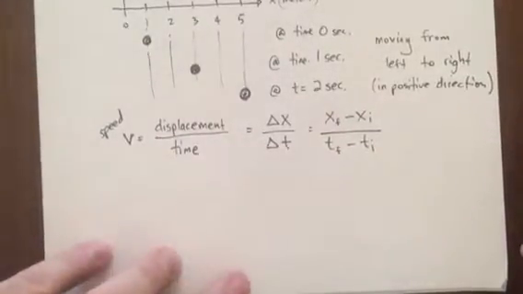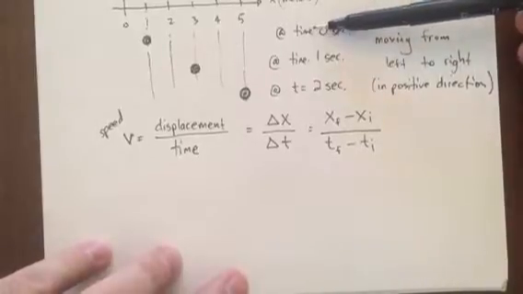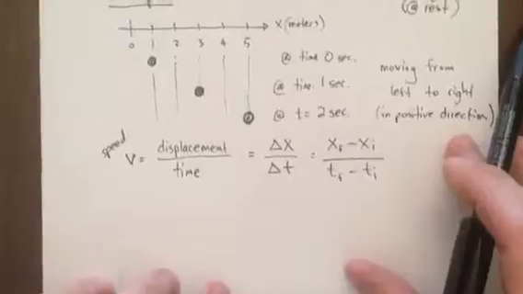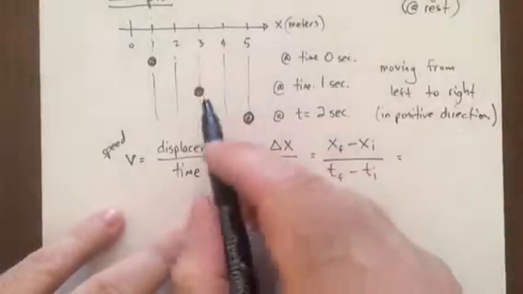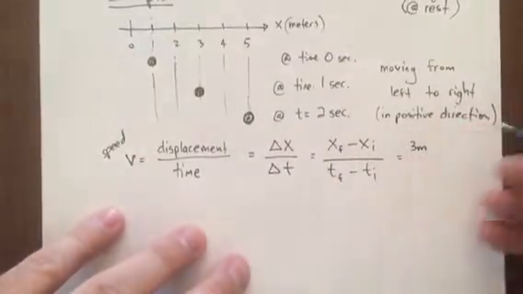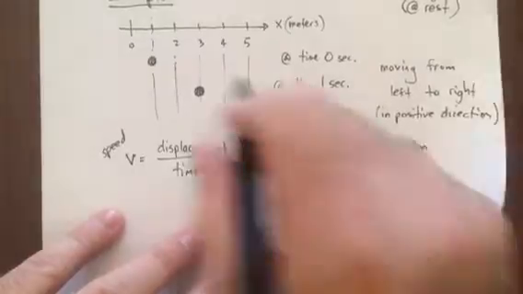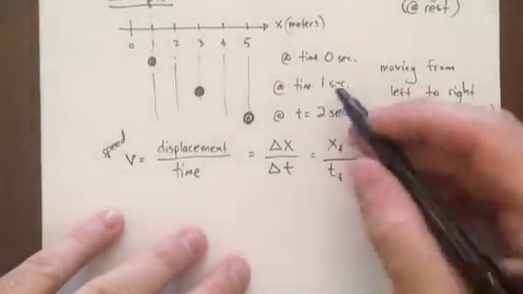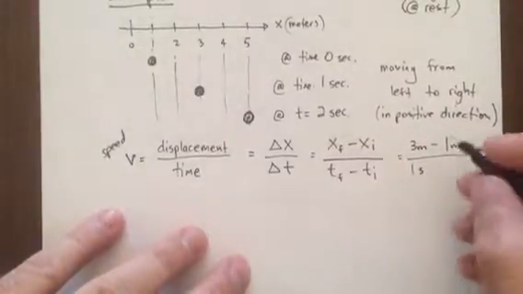And we can calculate this. So let's do this from a time change of 0 seconds to 1 second. So from here to here. The final position is 3 meters. The initial position was at 1 meter. The final time was 1 second on our watch.